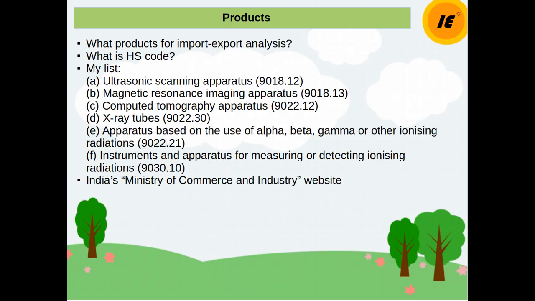The HS code for ultrasonic scanning apparatus, I believe ultrasound and ultrasonic are the same, is 9018.12. For MRI it is 901813. For computed tomography apparatus, 902212. Similarly for others. That is what the HS code is, and you need to know this, otherwise you can't do anything here.